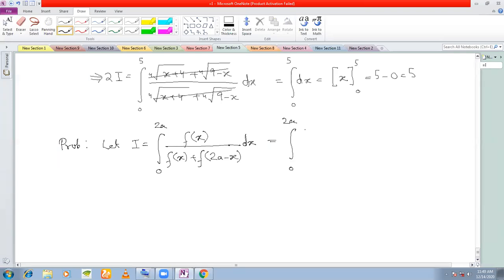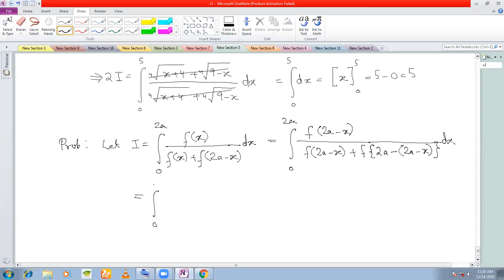Integral 0 to 2a f, now a here is nothing but 2a, right? So you can replace x by 2a minus x, and here also you can replace x by 2a minus x, dx.